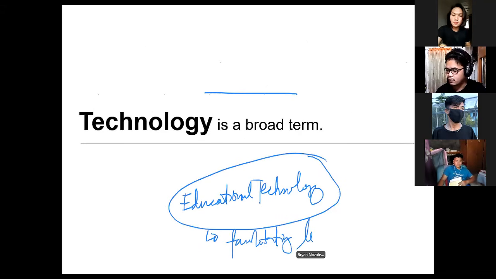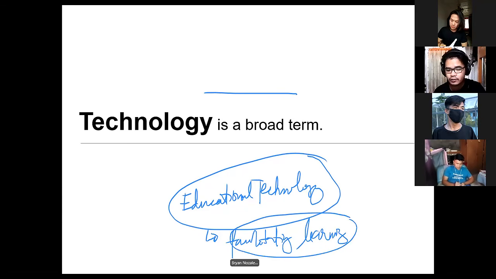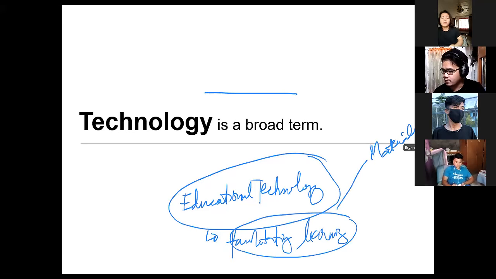Learning. And to facilitate learning, there are many things that we need to consider. Oh, ano-ano itong mga ito? Halimbawa, yung mga instructional materials. Diba? Yung mga instructional materials natin. Ano pa? Yung mga learning resources natin.